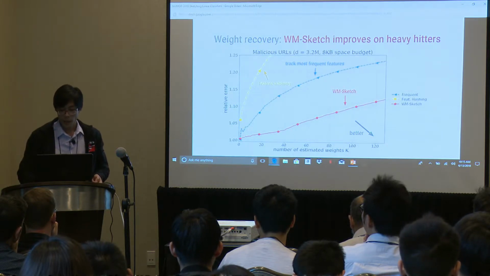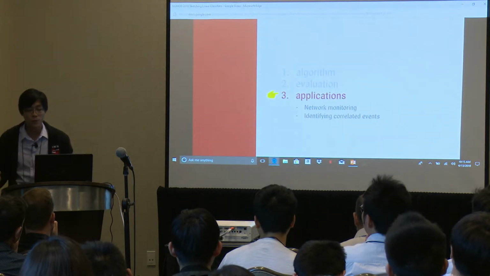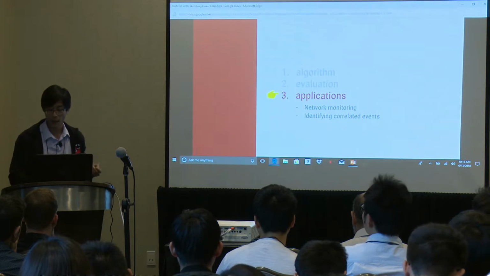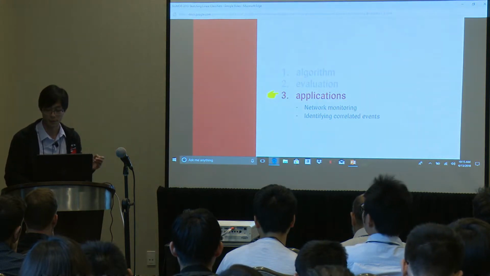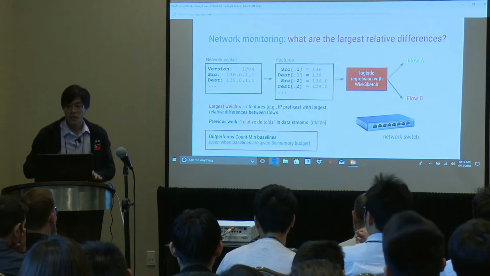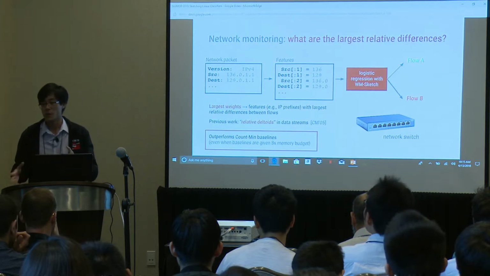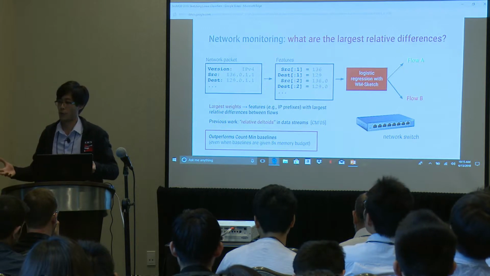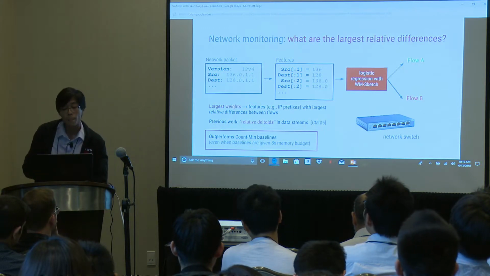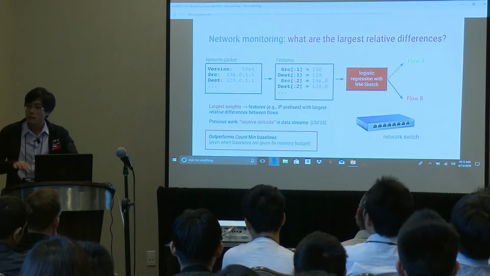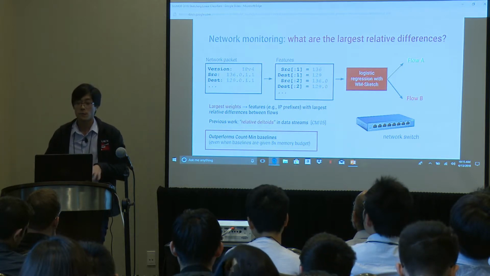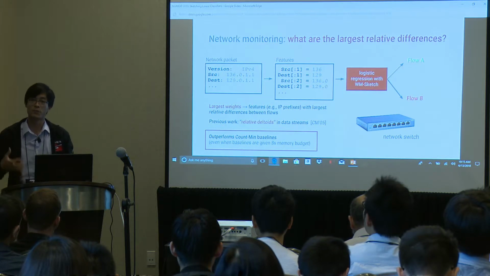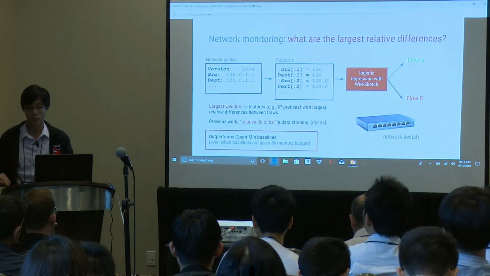Okay, now in the remaining time, I want to quickly go over two real-world applications of the weight median sketch, and more examples are available in the paper. So the first is network monitoring, which is very similar in spirit to this traffic classification application that we covered earlier. So here we ask, given two flows of network packets that we observe simultaneously, what are the largest relative differences between these two flows? Okay?